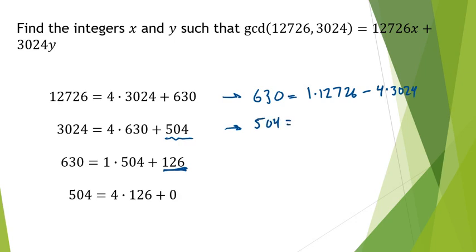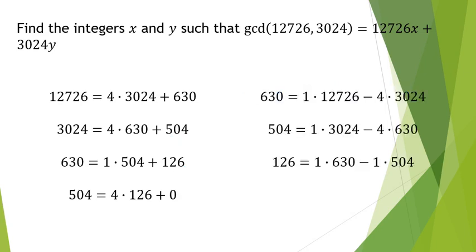So 504 is equal to 1 times 3,024 minus 4 times 630. And we do the same thing for the final row. 126 is 1 times 630 minus 1 times 504, and we have all of these remainders solved for.